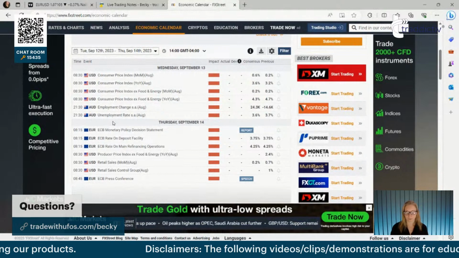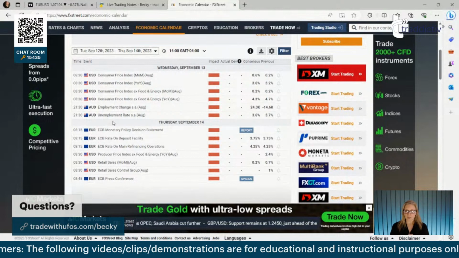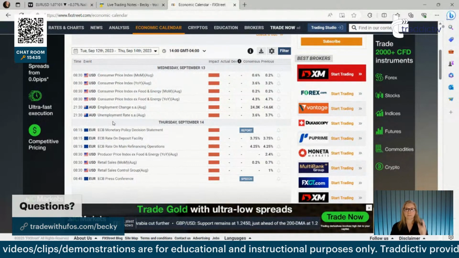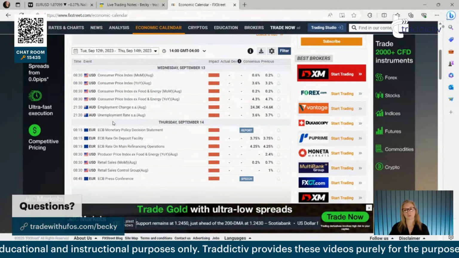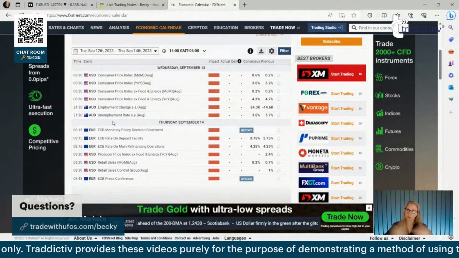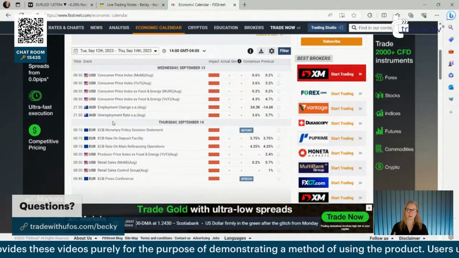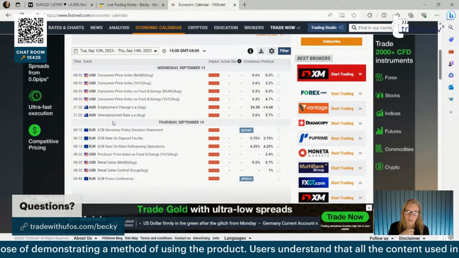Now, another way is that you could say, I will trade these, but I'll only place one of each. One trade that's got the dollar in it, one trade that's got the Aussie in it, rather than multiple trades. Or you could say, I'll trade all of them, but I'm just going to reduce my risk. So maybe 0.5% instead of 1% on the markets that are going to have a little bit more volatility. Those are your options.